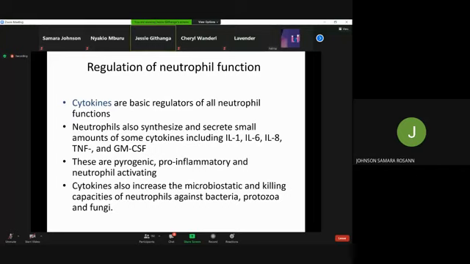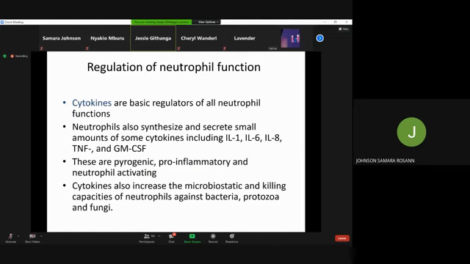Okay, as well as protozoa and fungi. So you can see that although we often talk about neutrophils and bacteria, they're also important in protection against protozoa and fungal infection.